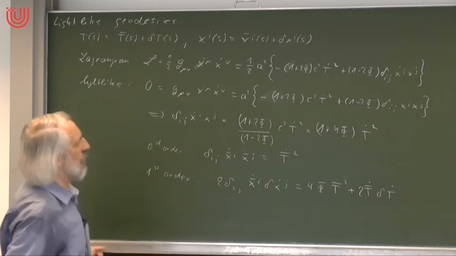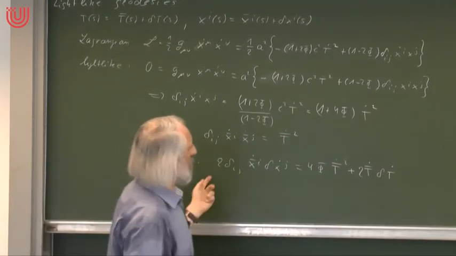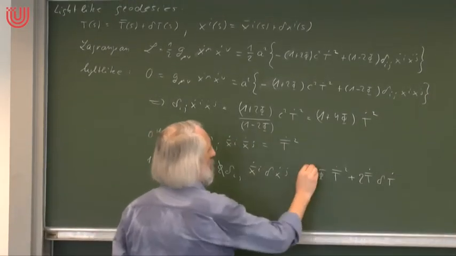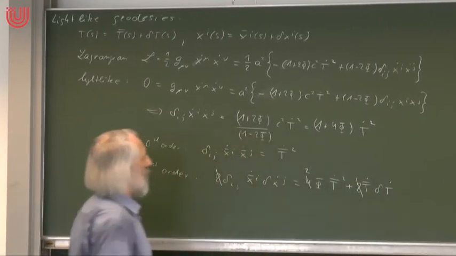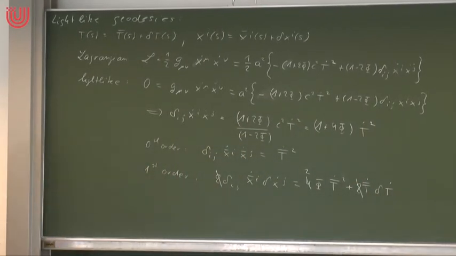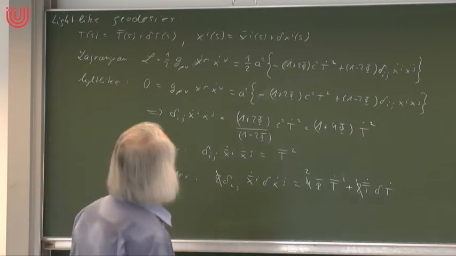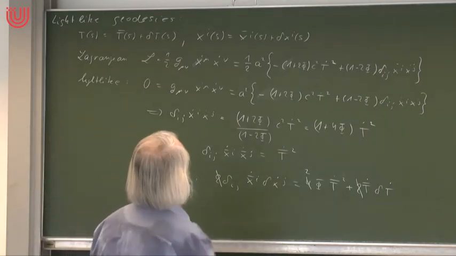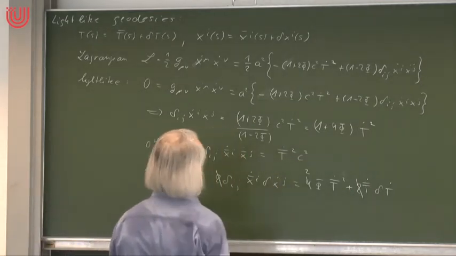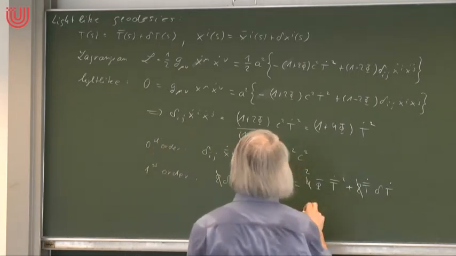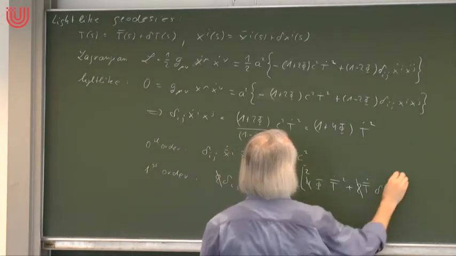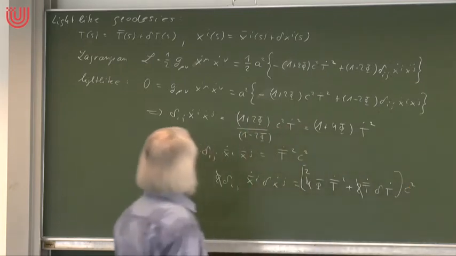If I multiply this out, then I get this here. You're right, here's a c squared. Everywhere here, right? Yeah, okay.